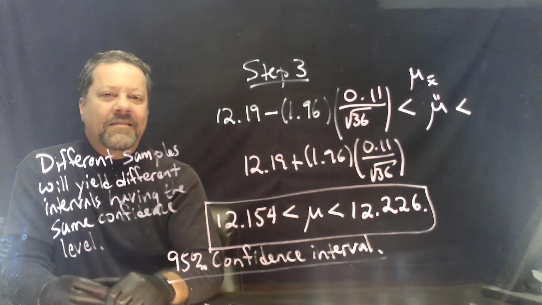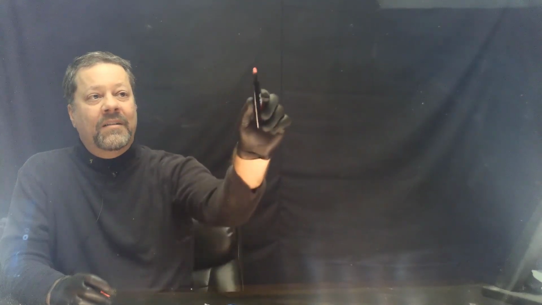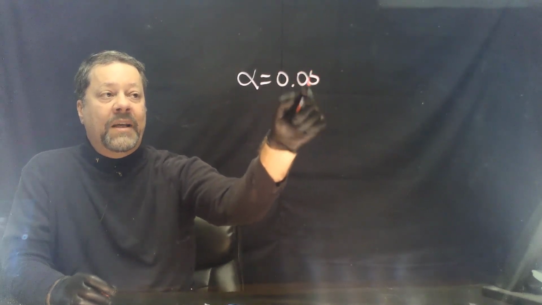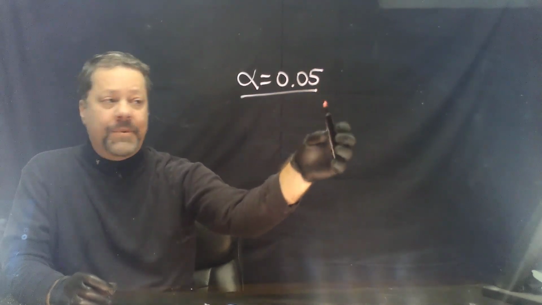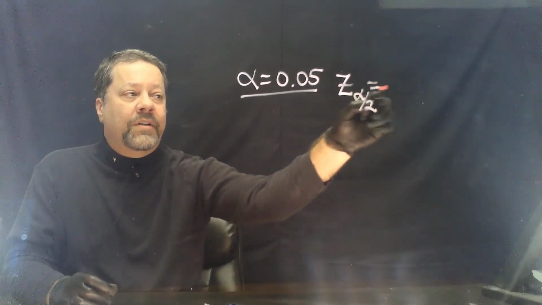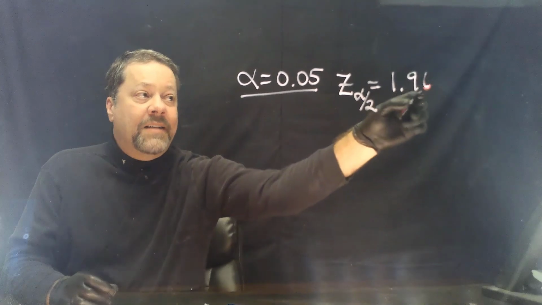And that's okay. You don't always need to be 95% sure, but in all cases where we want to be 95% sure, the critical value will be 1.960.